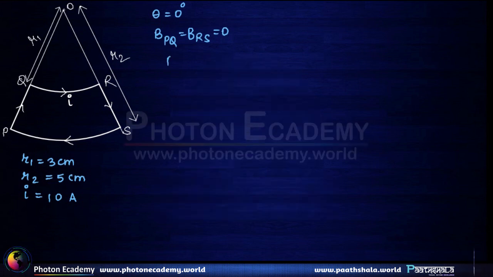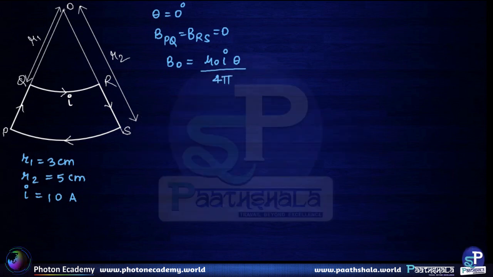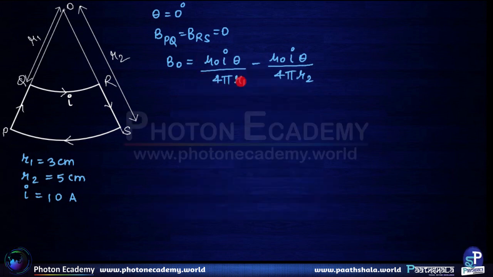So magnetic field at O will be only due to the arcs QR and PS, which will be given by mu naught I into theta upon 4 pi R1 minus mu naught I theta upon 4 pi R2, where this first term is the magnetic field due to the segment QR and the second term is the magnetic field due to segment PS.